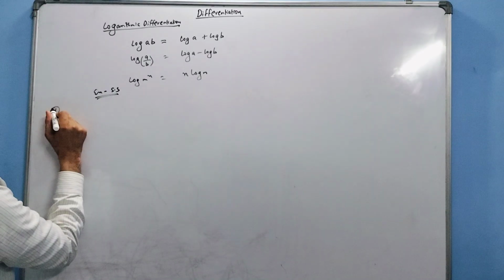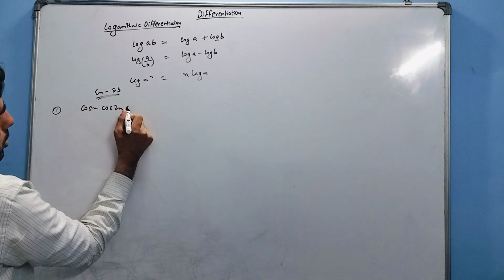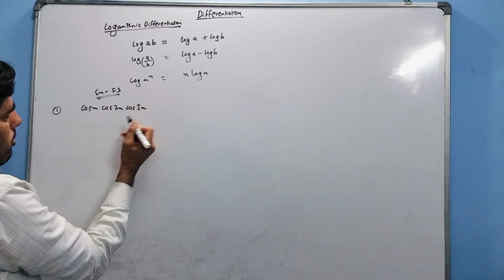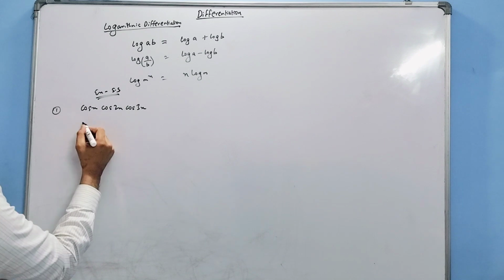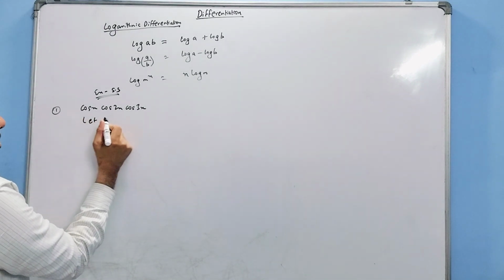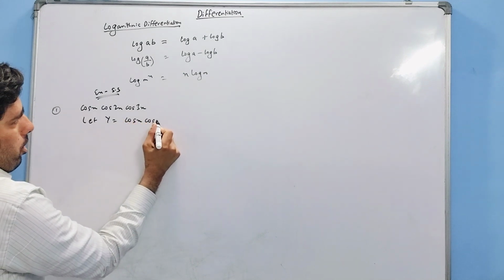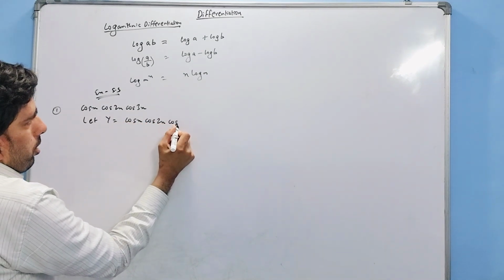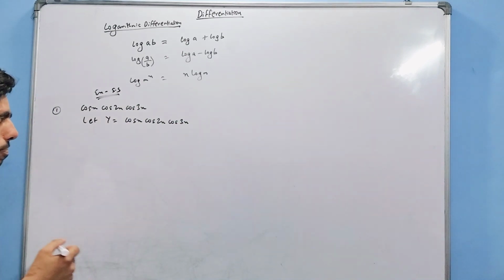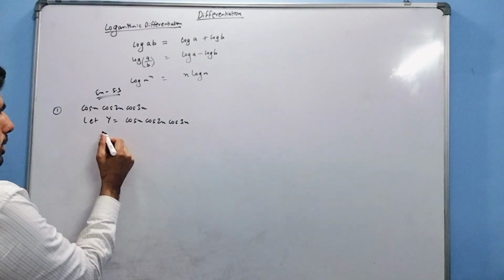First question we have cos x, cos 2x, cos 3x. Which is very easy. Let y is equal to cos x, cos 2x, cos 3x. Now my next step will be taking log on both sides.